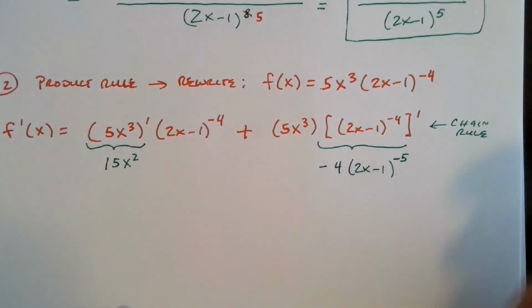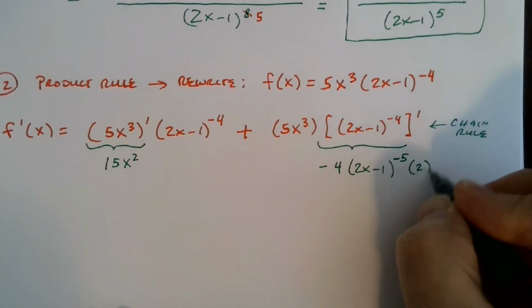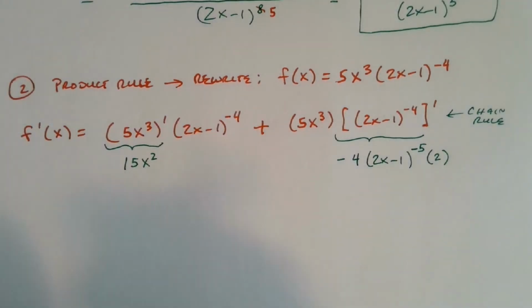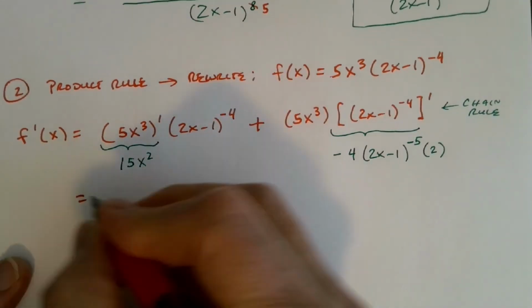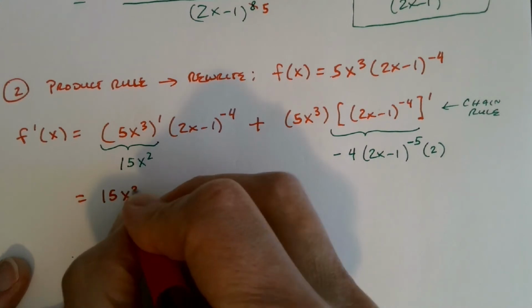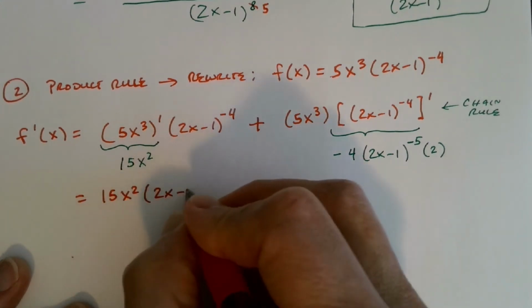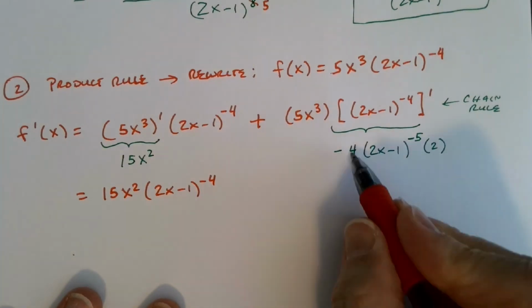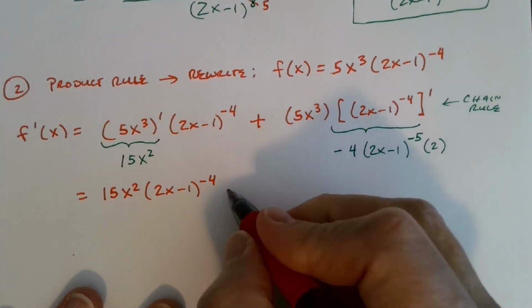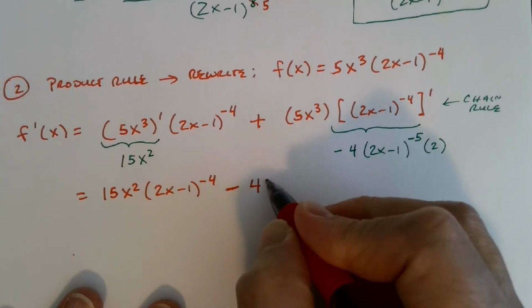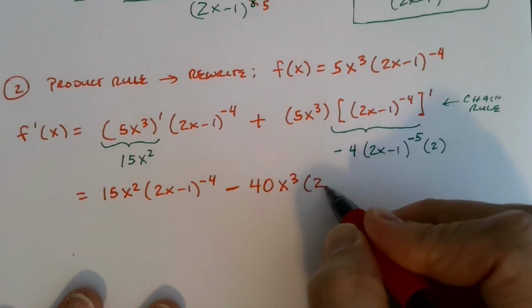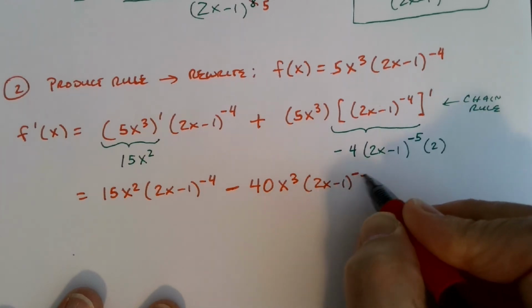What's the inner function? 2x minus 1. Derivative of 2x minus 1 is 2. Okay. So if I clean this up a little bit, now I've got negative 4 times 2. That's negative 8 times 5 is negative, so I'll write that minus 40x cubed times what? 2x minus 1 to the negative 5 power.